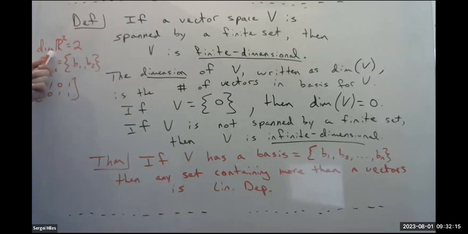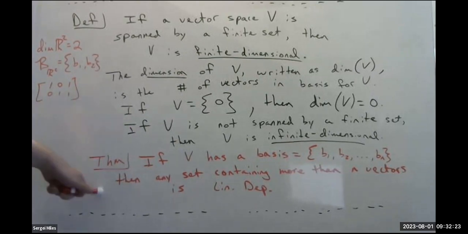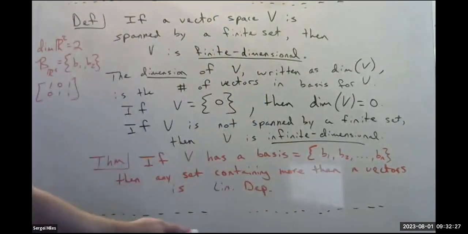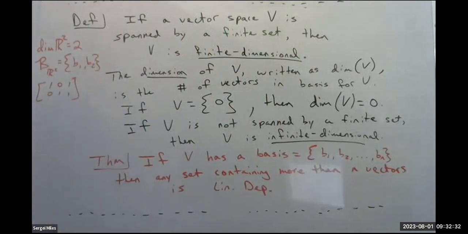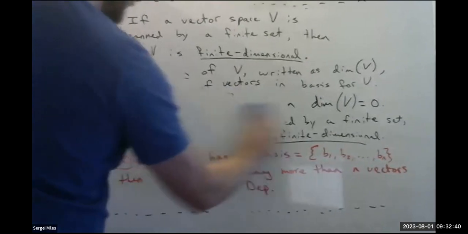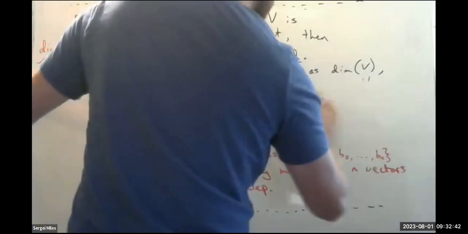So for a two-dimensional space, anytime you have more than 2 vectors, it is automatically linearly dependent. And this is going to be the case for any space. If it is an n-dimensional space, the moment you have more than n vectors, you're automatically linearly dependent. This is true for any vector space, precisely for this kind of reasoning. Okay, what else can we say? Let me make some space here.